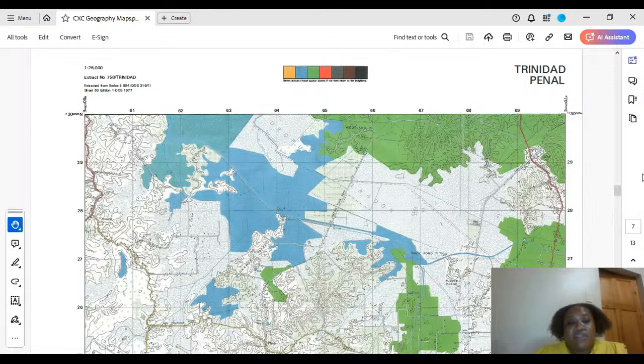So remember, relief is just a change in elevation of the slope, and you will link your relief to whatever they ask you, whether it's land use, or sometimes they ask you in terms of settlements. Make sure you link those points.